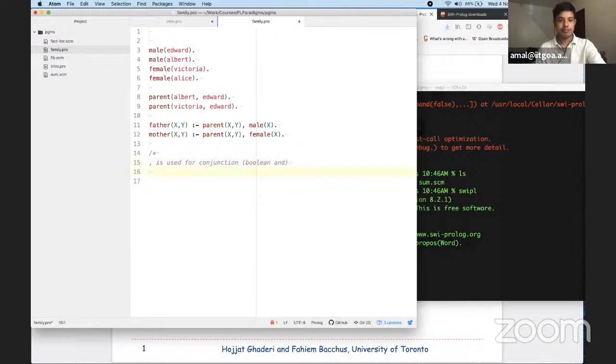So father of X, Y: X is a father of Y if X is a parent of Y and male of X. And X is the mother of Y if X is a parent of Y and X is female. All right, so comma is AND and this is IF. Clear?